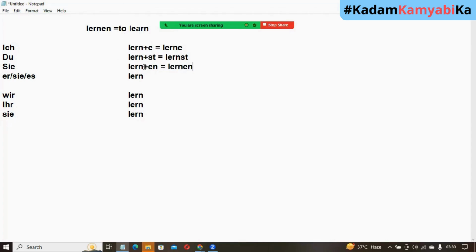In a similar way, this en is being added in the small sie, which is they all plural, and wir also, which is we all plural. In the er, sie, es, we just add one letter, which is t, and it will be lernt. Here also follows the same format. T addition, and final answer is lernt.